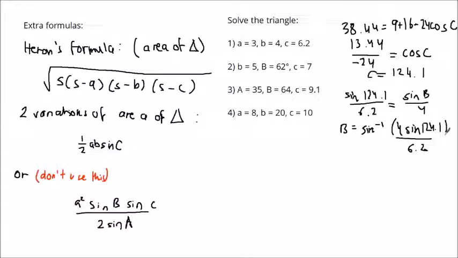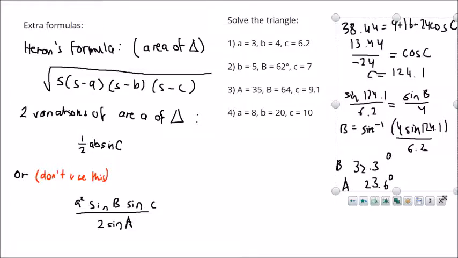I'm just going to keep using the phone. Take 4 times sine of 124.1, which equals 3.3, divided by 6.2, 0.5, and take the inverse sine. 32.3 degrees. And then A is just 180 subtract all of these. That's about 156.4, so 23.6 degrees. And that's your first triangle solved.